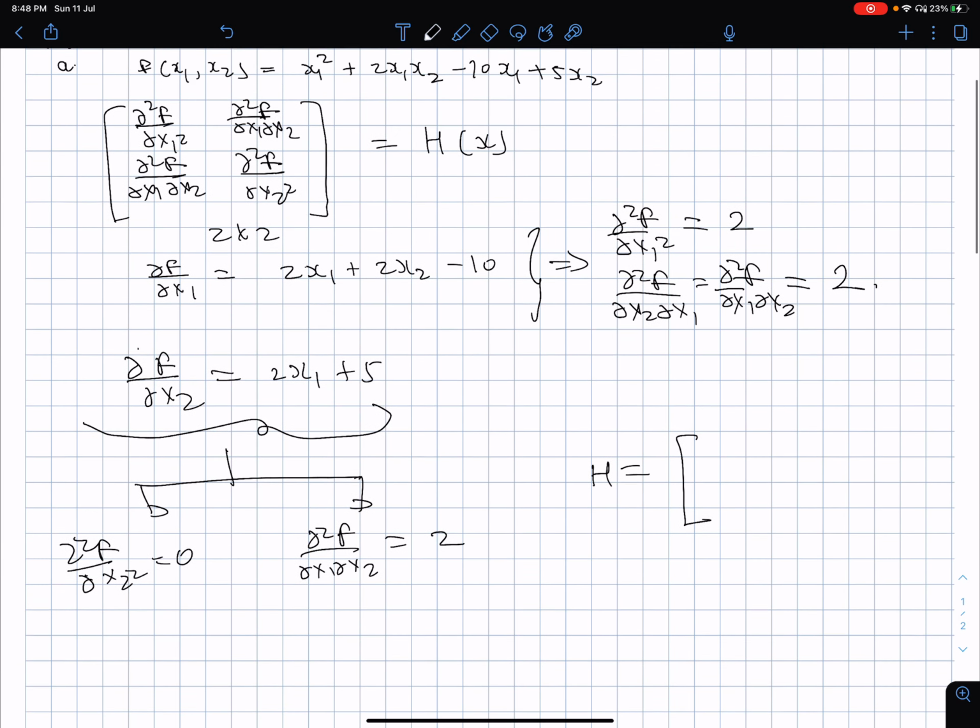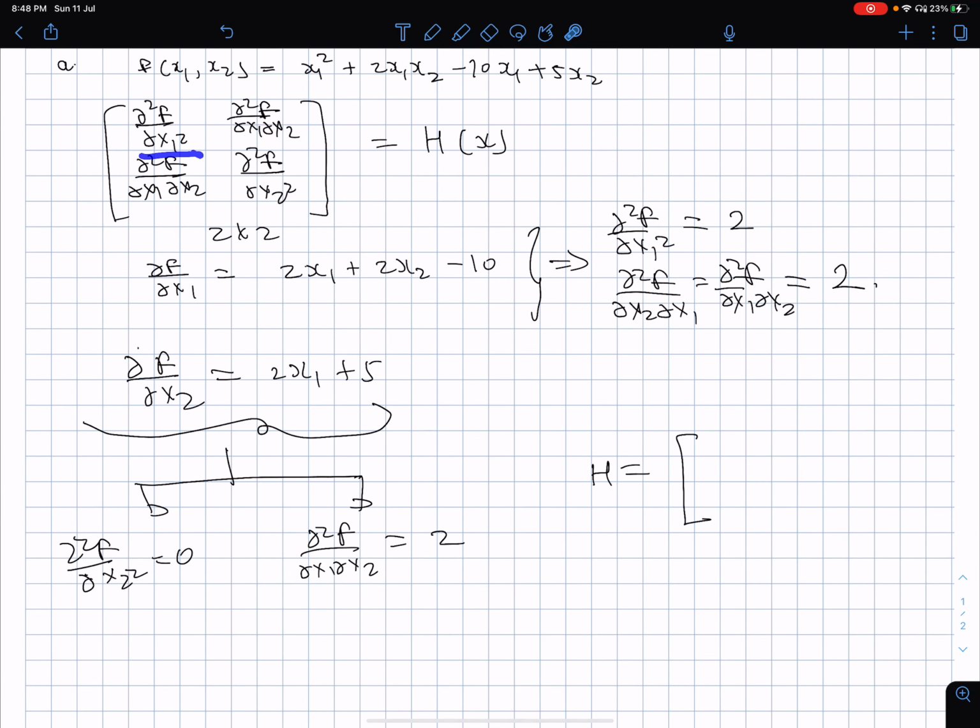Del square f with respect to del x1 square, which is 2, then del square f with respect to x1 x2, which is 2, then del square f with respect to del x2 square, which is 0, and del square f with respect to del x2 x1, which is 2. So you are getting 2, 2 and 2, 0.